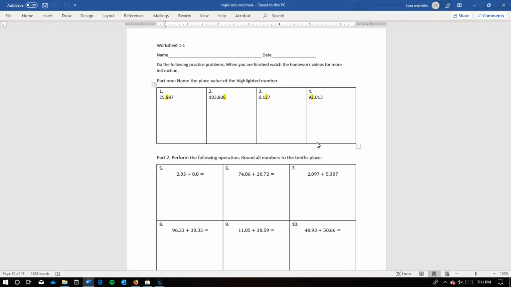So the very first question that is asked is, can you name the place value that is highlighted? Remember that our place values go ones, tens, hundreds, thousands, and then we have our decimal point, and then it kind of mirrors it, but it doesn't mirror the ones.